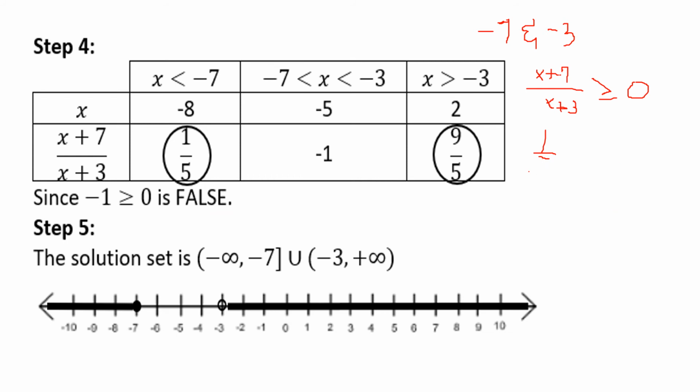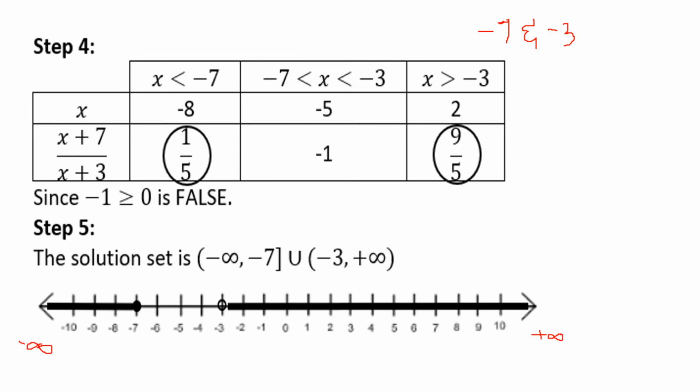Okay, let me erase this one. And then we have now to look for the solution set. So for the solution set, kung i-extend pa niya to number line, we don't know what are the values. So we can write this negative infinity, and we can find here the positive infinity.